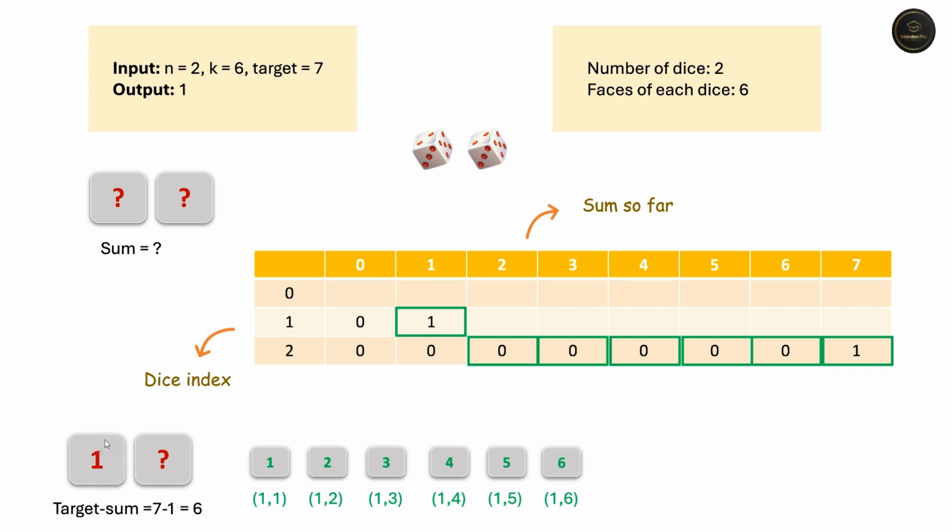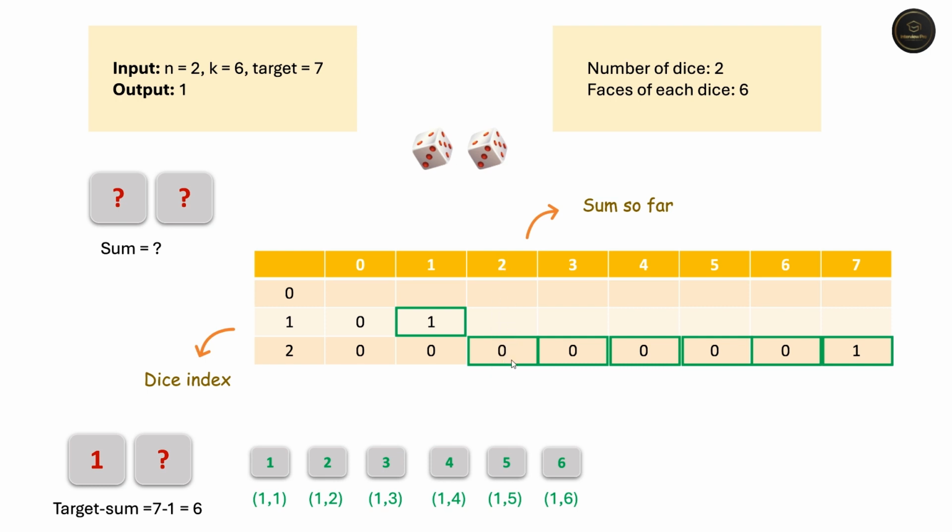Let's say we have the sum 1 so far. What can be the value selected for dice 2? If the sum is already 1, how much sum do we need to add to get the target? It is 6, right? So we can choose the faces that can give us the sum 6. If I add face value 1 to the already existing sum, what would be my sum? 2.